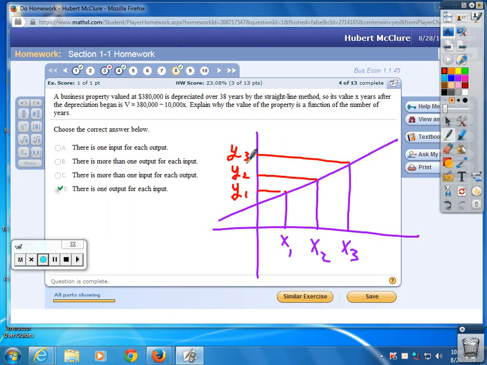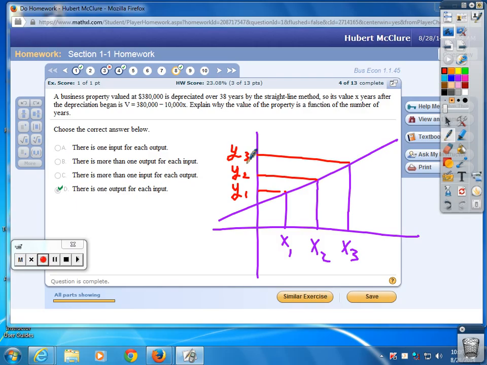A y. Now, can you plug in a y and get an x? Or do you plug in an x to get a y? You always plug in x to get y. That's what I've been teaching you since Tuesday.